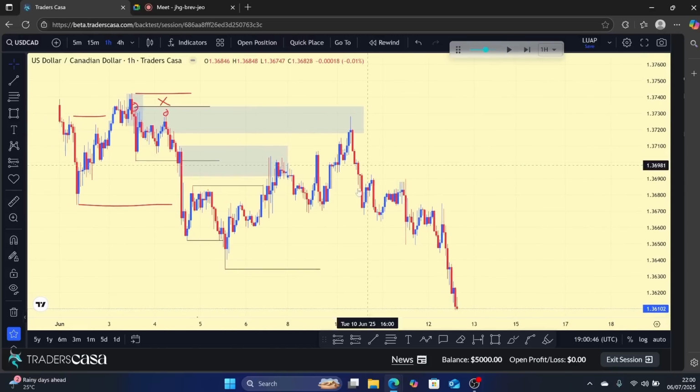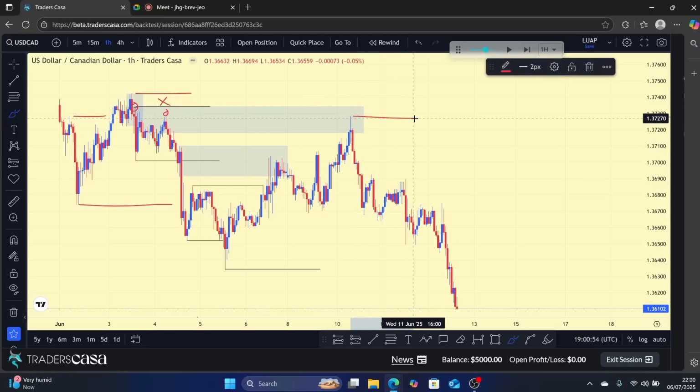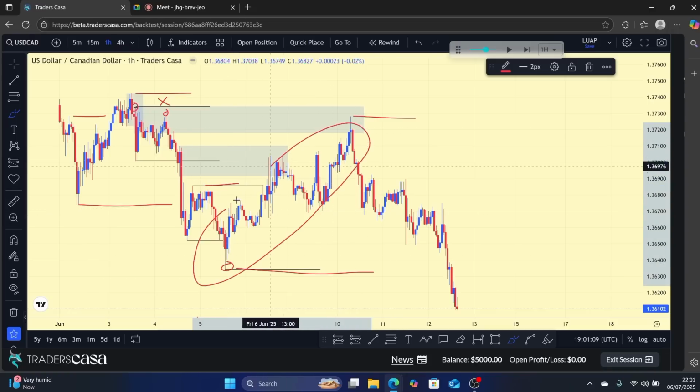So right here, this here was the change of character, I mean a break of structure. So our high of course will be this one, and we are currently in a new trading range, so we start marking the order flows again. Our break of structure was this one, this here was just a low. The move that took out the inducement, we said it's what we call the corrective move, and we said we don't mark the order flows from the corrective move.